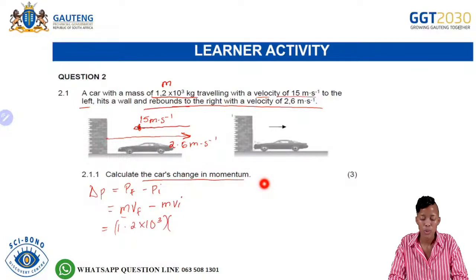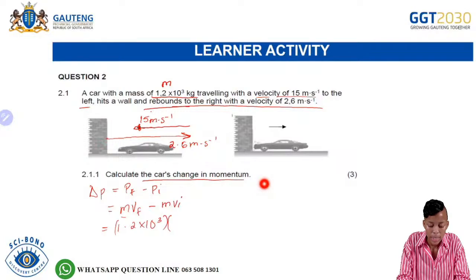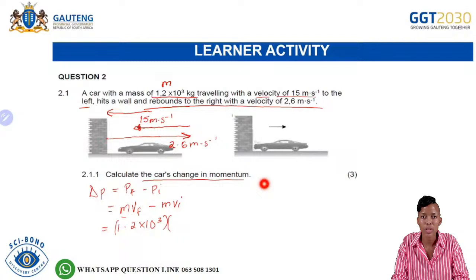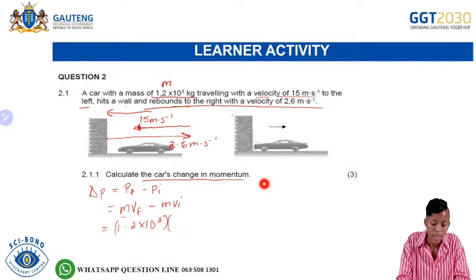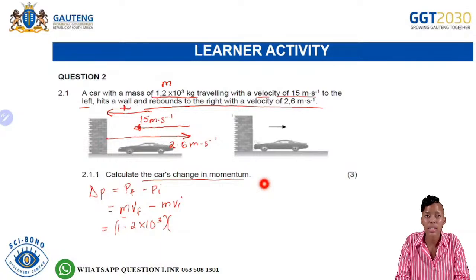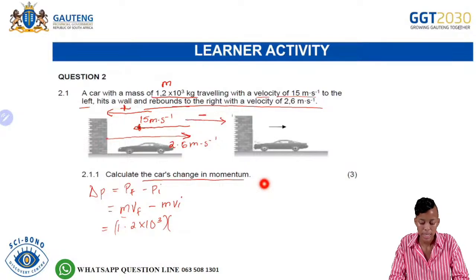So right now, the car is moving in which direction? The car initially was moving to the left. So it means we are going to take the left as positive. So if we take the left as positive, it means that we are therefore going to take the right as negative.